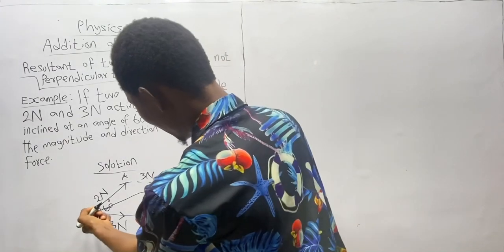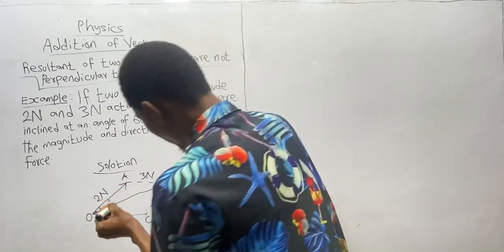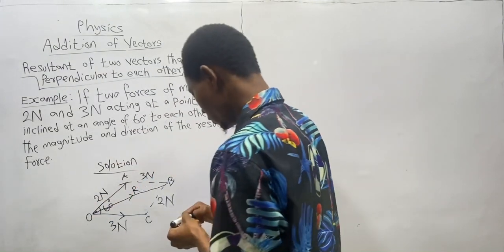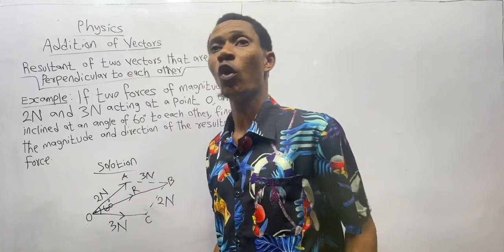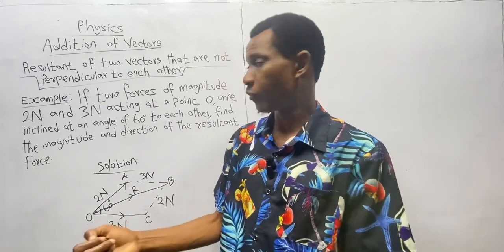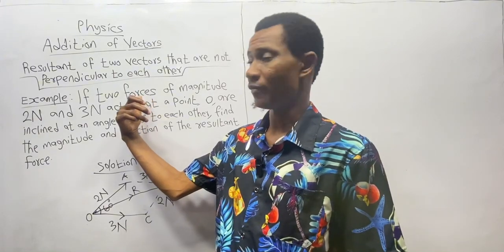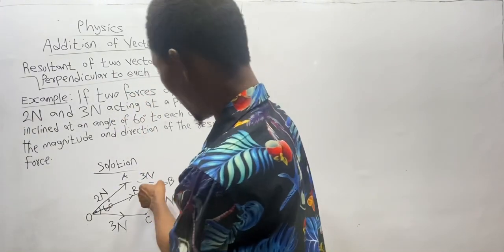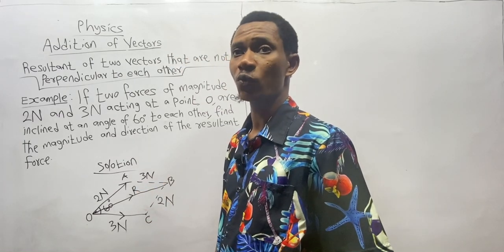So this line, which is the diagonal, will be your arrow, which is the magnitude of the resultant vector, or the magnitude of the resultant force in this case, because we are looking at the vector force.